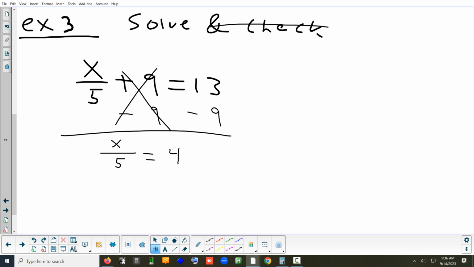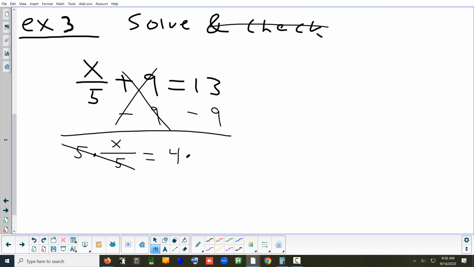So we did adding and subtracting. Last step, multiplying and dividing. In this one, would we multiply or would we divide? Yeah, we would multiply. You're going to multiply both sides by 5. And we have a times 5 and then a divided by 5. That cancels out because it turns into 1.